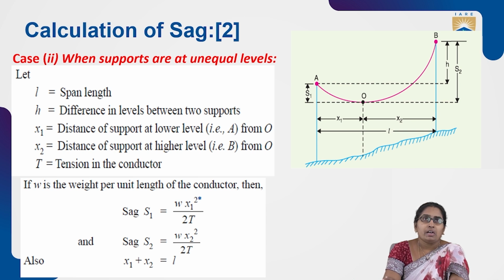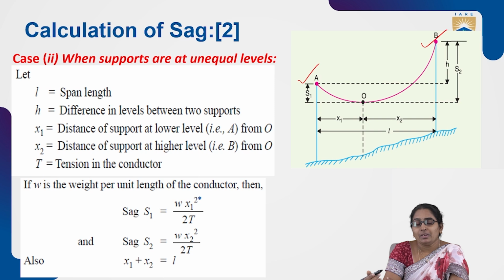What is the sag expression? On the right side there are two supporting towers, capital A and capital B, placed on a hill. Let us say it is a sloping area.